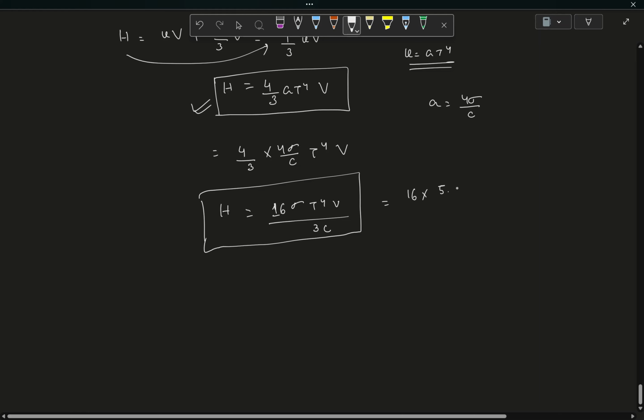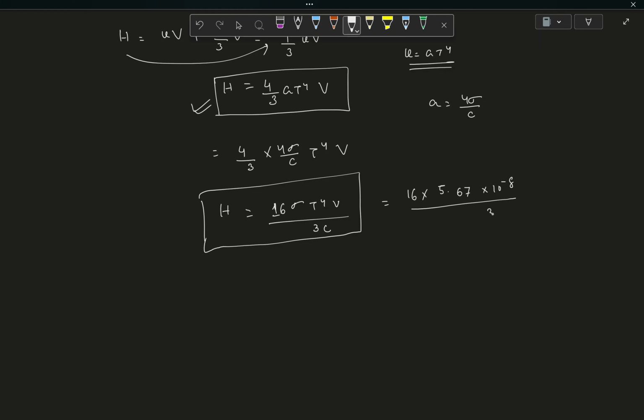You put in the Stefan's constant value, 5.67 into 10 to the power of minus 8 in SI units, divided by 3 into 10 to the power 8, with T to the power 4. The temperature was given as 4000 Kelvin in the question, and the volume was given as 5 liter.